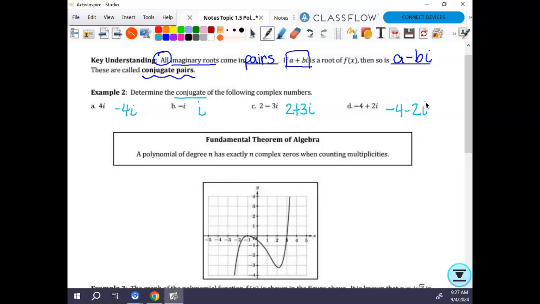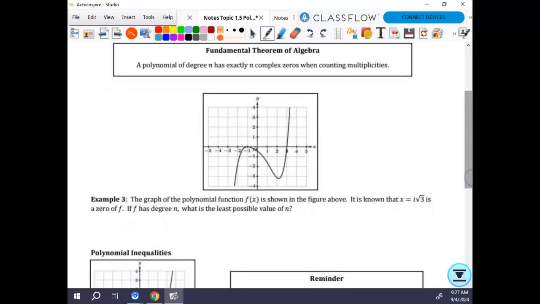So how are you going to be asked about this? Well, we've got the fundamental theorem of algebra here that says a polynomial of degree n has exactly n complex zeros when counting multiplicity. Now, you might not have talked about complex numbers until you got to imaginary numbers, and they're not one and the same.